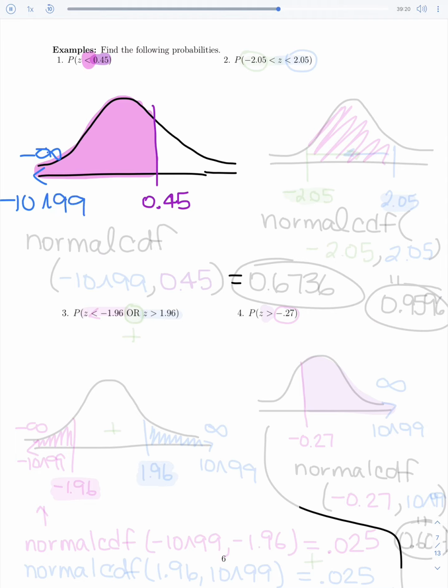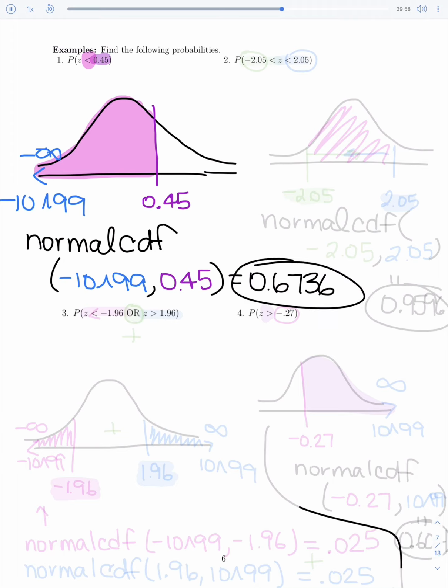So we'll have our normal CDF, just like before, that starts out with a negative 10 to the 99th on the left, comma, and then my graph or area is going to stop at a Z value of 0.45. And we'll have our calculator go ahead and calculate this area for us, or our probability for us, which is 0.6736. And that's our final answer.